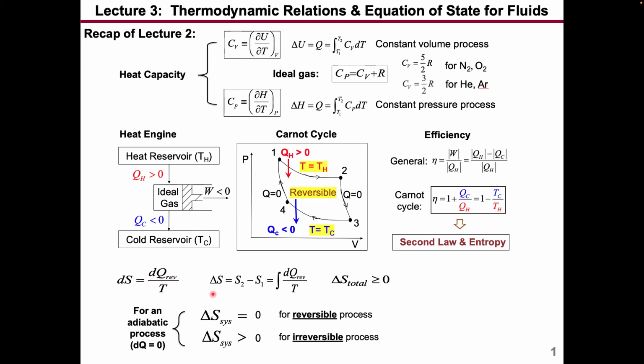And then we said entropy is a thermodynamic property, so delta S is just equal to the integral of dq divided by T. For the second law of thermodynamics, delta S always tends to increase. For an adiabatic process, dq is equal to 0. If this process is reversible, then delta S is equal to 0. But if it's an irreversible process, then delta S is going to be greater than 0.